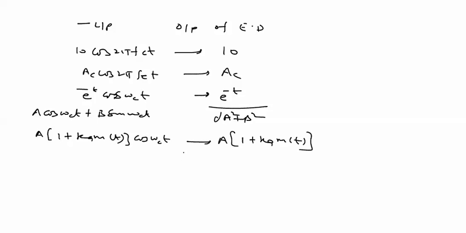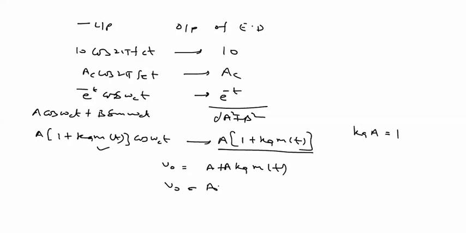This is the envelope for the AM waveform, where ka equals 1. The output of the envelope detector is A(1 + ka mt), meaning our output is A plus mt. The DC term we consider as 0, because in the demodulator a lot of amplifier stages are used.